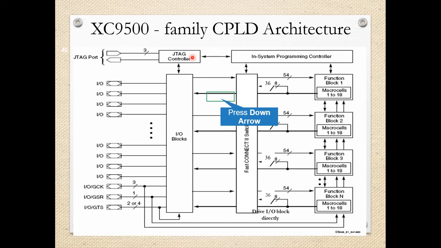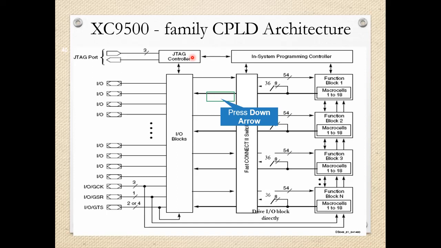The 00 can be replaced by different numbers like 9572 or 9536. So likewise there are different ICs in the XC9500 family, and this is the detailed architecture of the CPLD.